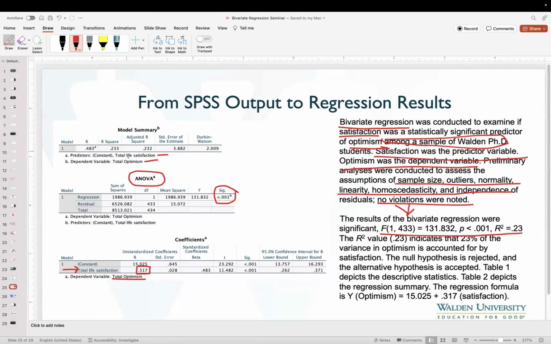We know that, remember, from the ANOVA table. And you see the 1 and the 433 here. Anyone want to take a stab at what that is? What is the 1? Yes, it's the degrees of freedom, but what does that mean? Tell me something in English terms that I can understand.